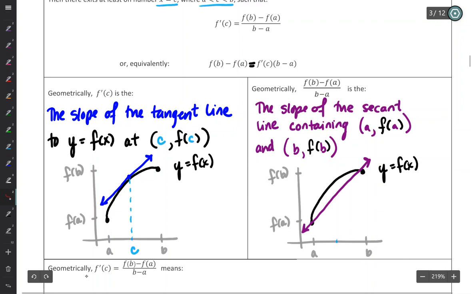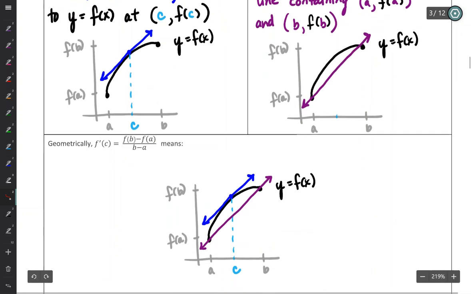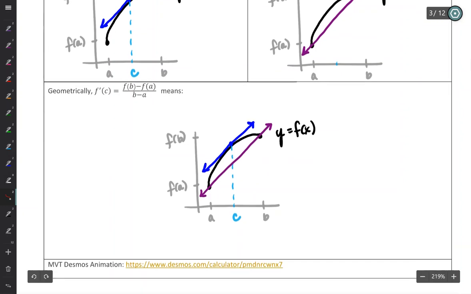So, geometrically, when we say f prime of c is equal to this average rate of change, f of b minus f of a all over b minus a, what we're actually saying is that there is a c that lives strictly between a and b, such that the slope of this tangent line is equal to the slope of the secant line. These lines are parallel.